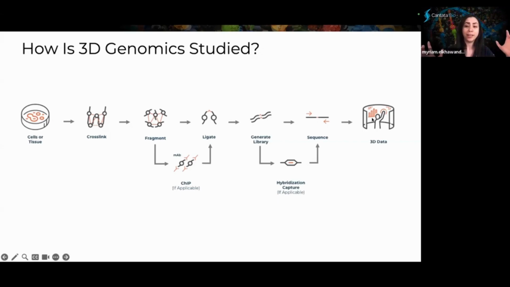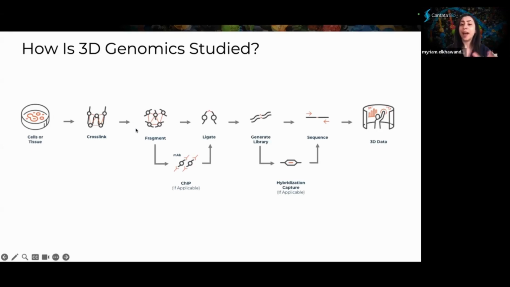It's a genome-wide approach. With this core workflow, what you're asking is, let me catalog all the interactions that are happening across the entire genome. This is how you get genome-wide 3D data. To get to that data, you first start with your sample. It can be cells, tissues, or blood. You cross-link your sample in order to preserve the 3D structure of your genome in the nucleus.